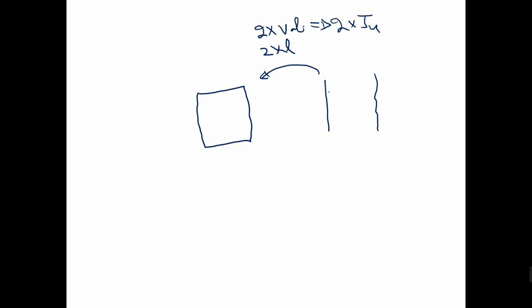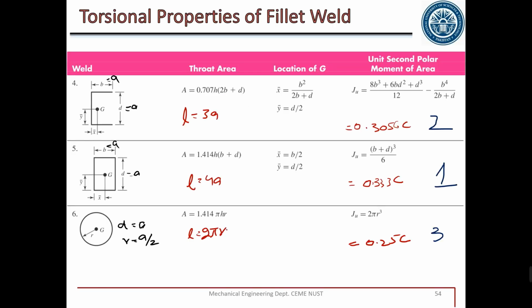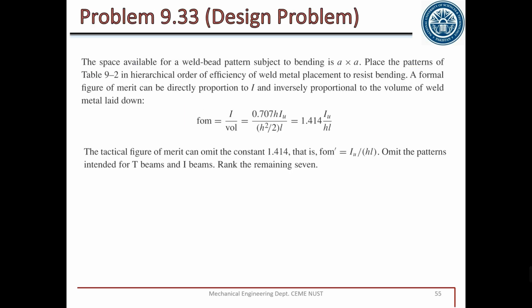Due to that reason, the figure of merit is the same. If you put 2 extra welds here, the strength per unit length of weld is the same for both these cases, in simple words, in case of torsion. So this is the method of selecting type of weld.